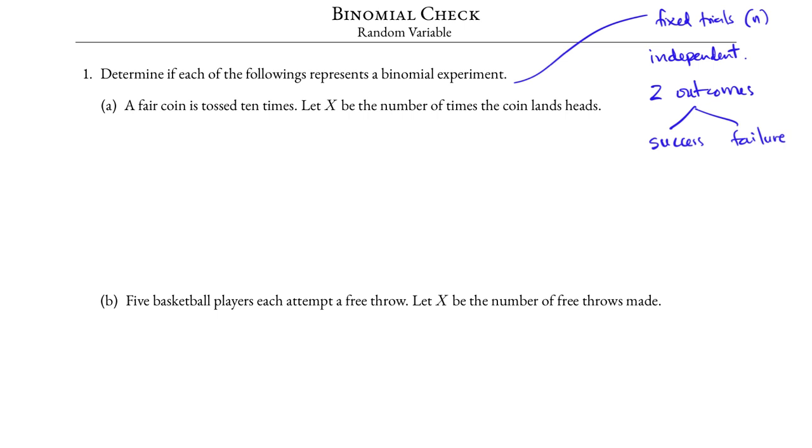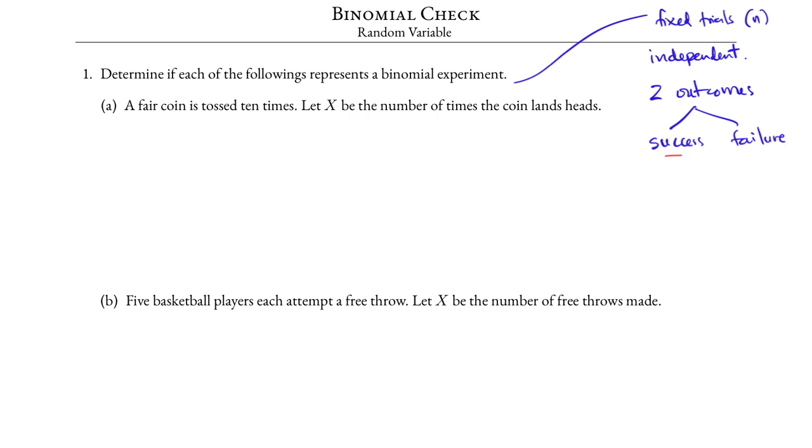If we're interested in the number of incorrect answers, for example, then success would be incorrect. And so success doesn't always mean a positive thing in a binomial experiment. Success simply means the outcome that we are interested in.